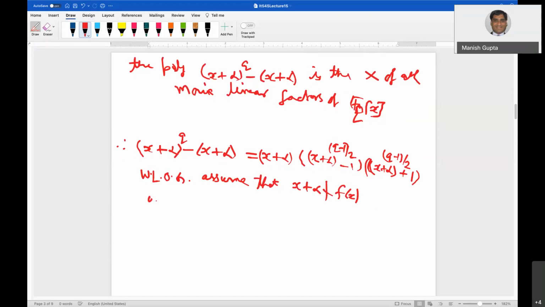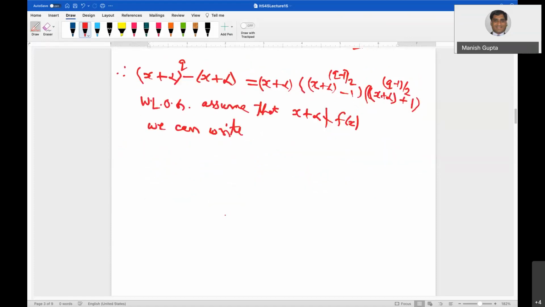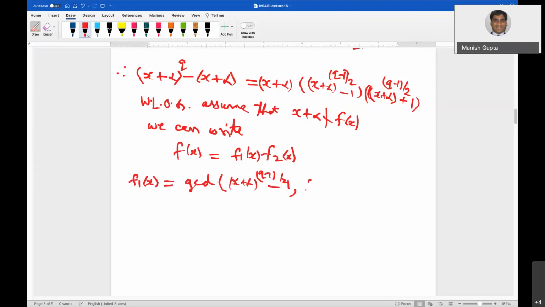So again, we can write f(x) is equal to f1(x) f2(x), where f1(x) is GCD of (x plus alpha) raised to power (q minus 1)/2 minus 1 and f(x).